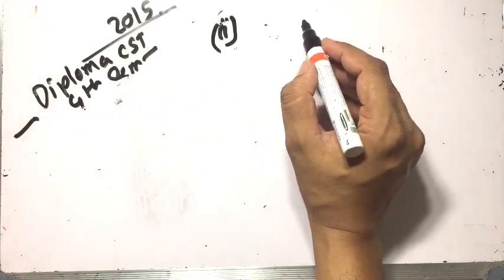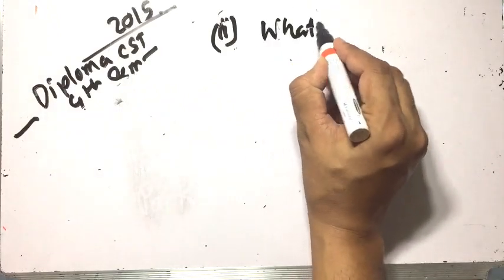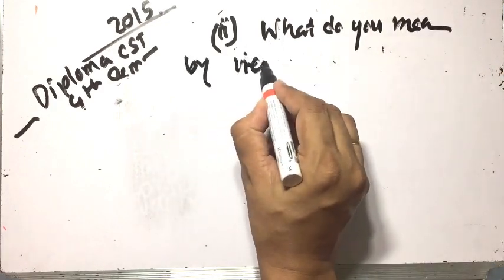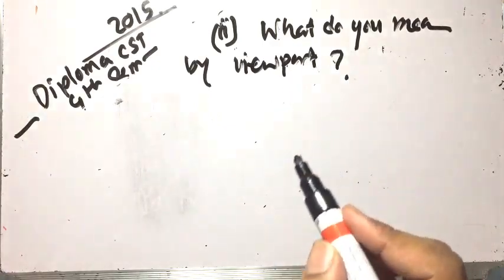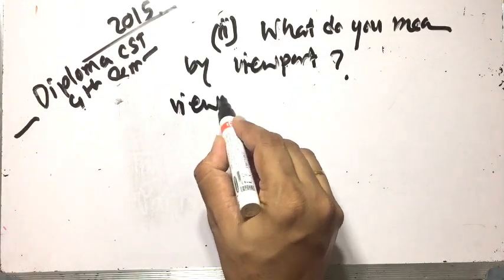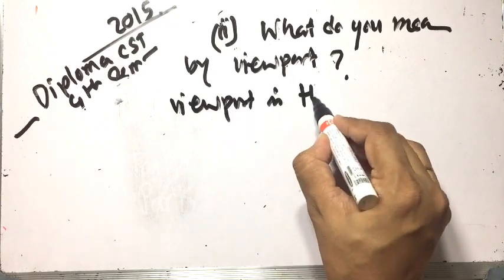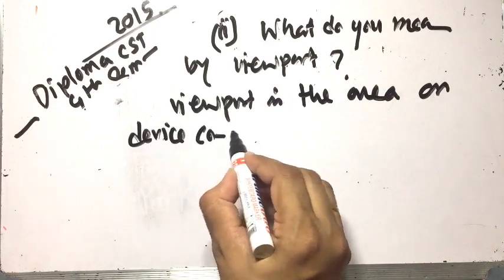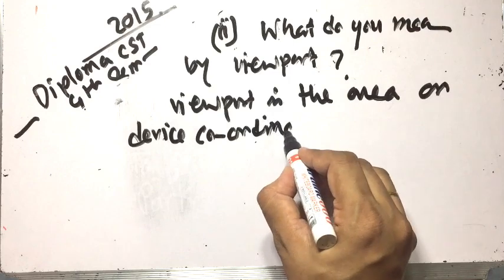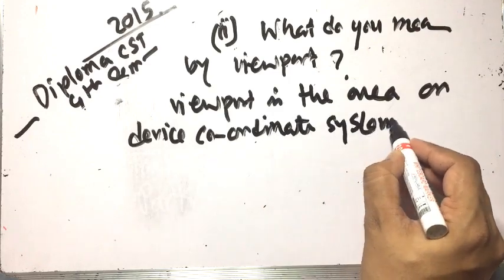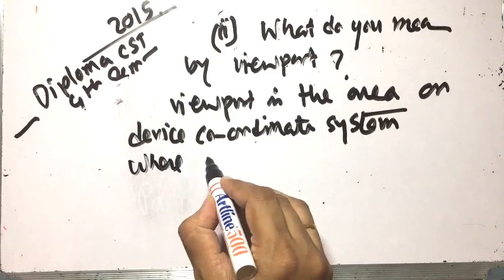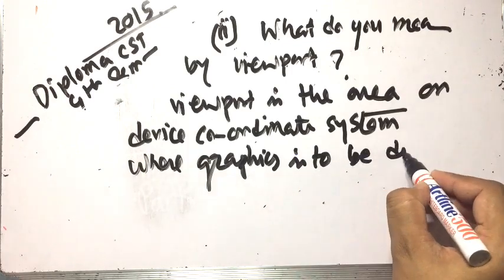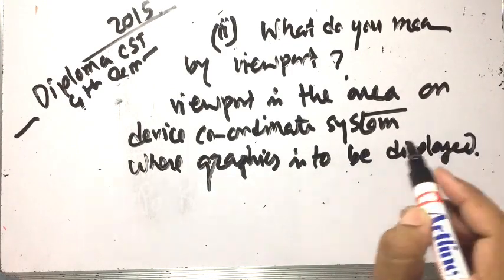Question number 2 is: what do you mean by viewport? Viewport is the area on the device coordinate system where the graphics is to be displayed.